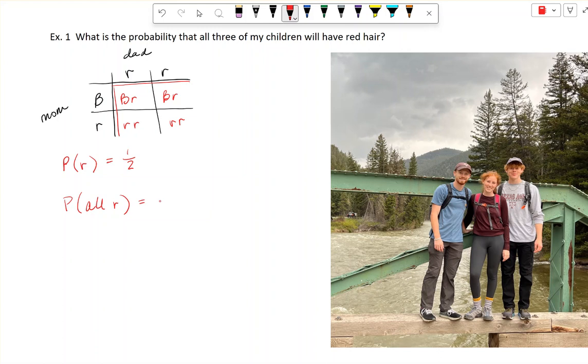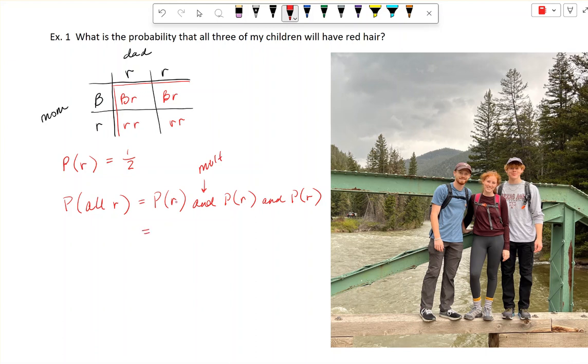In order for me to have all redheads, I would have to have the probability of 1 kid having a redhead and the probability of another kid and the probability of another kid. So all 3 of them, a red and a red and a red. And anytime I'm using the word and, I know that I'm going to be multiplying their probabilities together.